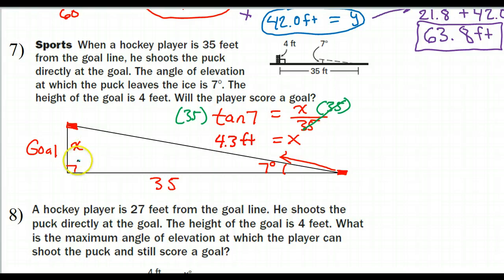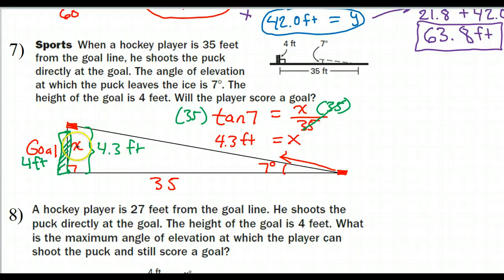Okay, so that means this hockey puck is going to be at a height of 4.3 feet by the time it gets over here. So this is 4.3 feet. But the goal is only 4 feet high. So if the goal here is only 4 feet high, and the puck is at 4.3 feet, it's a little too high.